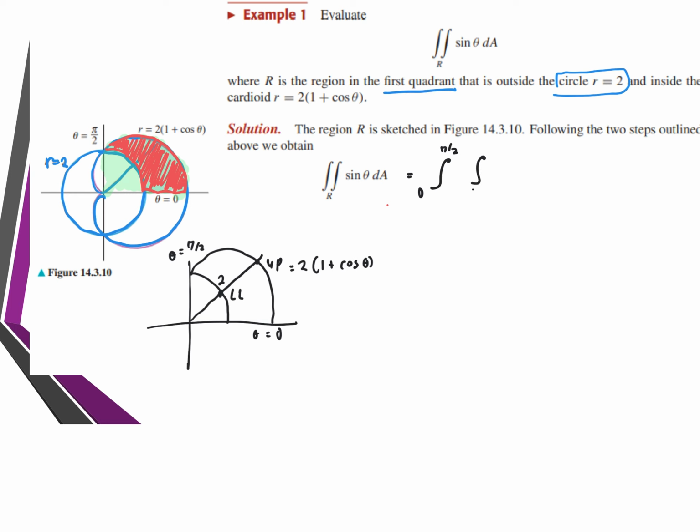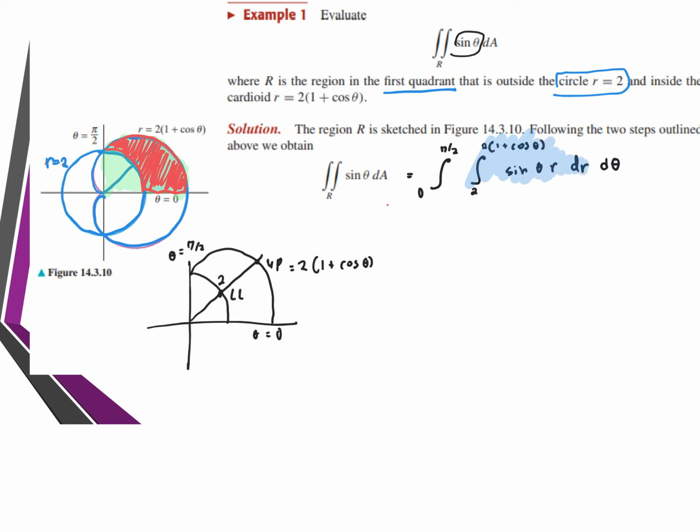Our r1 is 2, the lower limit. r2 is our upper limit, which is 2(1 plus cos theta). Okay, and then we take back this one, sine theta, r dr d theta.